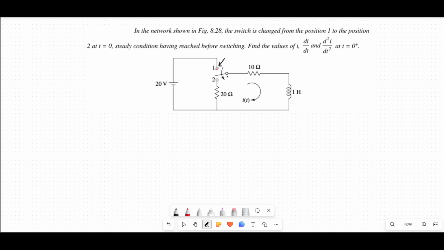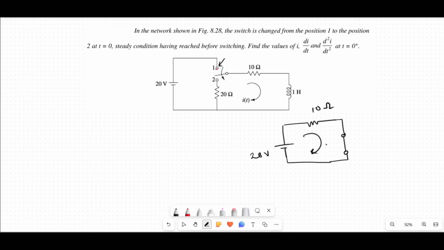As you can see here, initially the switch is connected to point 1. During that time, in the circuit we had 20 volt, a 10 ohm resistor, and an inductor, and we know that when an inductor is in steady state, it behaves as a short circuit.